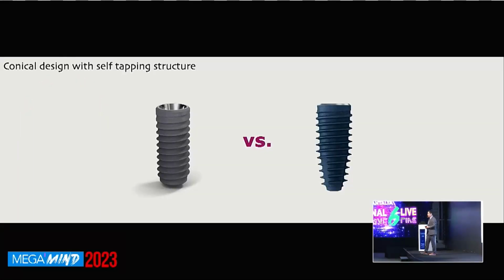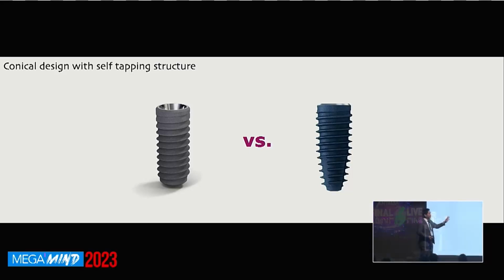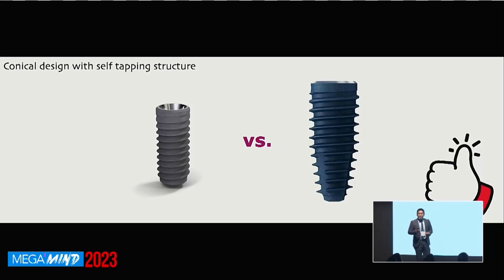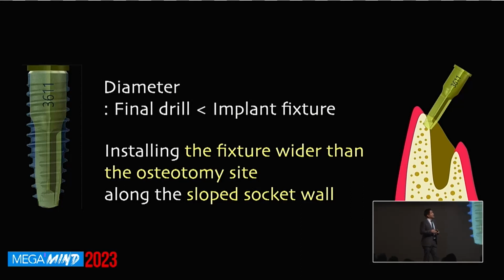Indeed, we do know that between two types of fixture, the cylinder type without any self-tapping structure, and the conical design with a self-tapping structure at the apical, the latter is better in terms of placing accurately. And the diameter of the implant fixture is always wider than the final drill diameter. We always install a fixture which is wider than the osteotomy site.